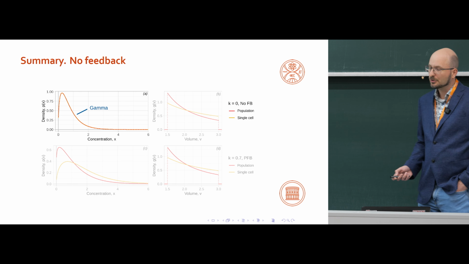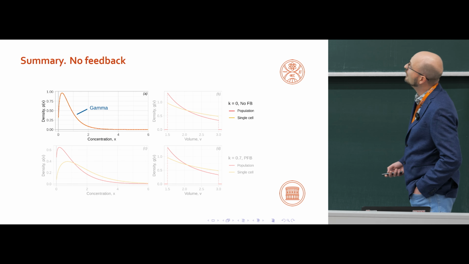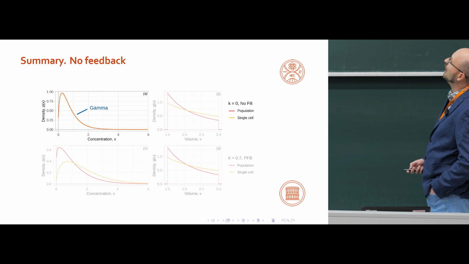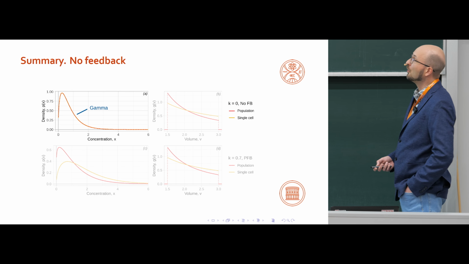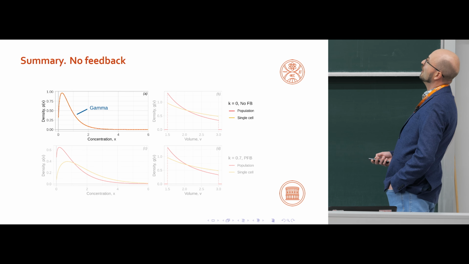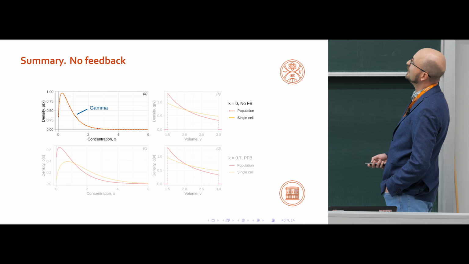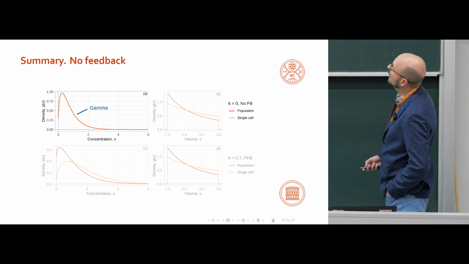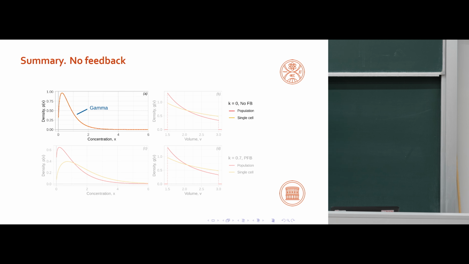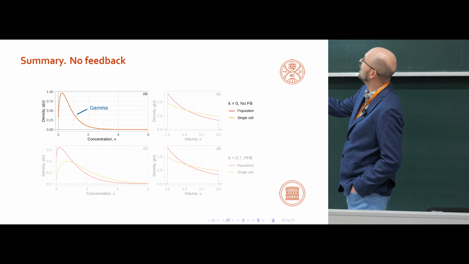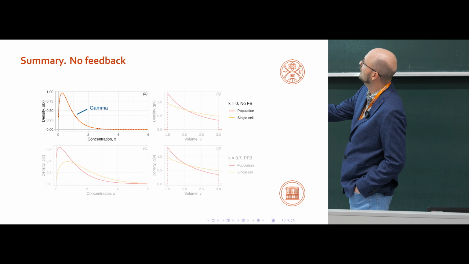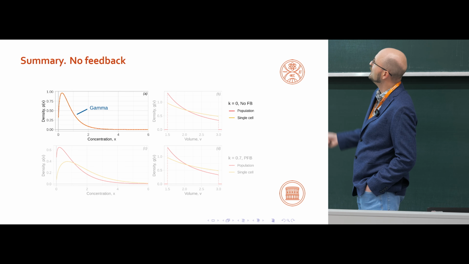Yeah. So here is some summary. We looked at the theoretical formula, and we did some analysis of it. Essentially, the rows are no feedback and feedback. The upper row is no feedback, and the bottom row is feedback.